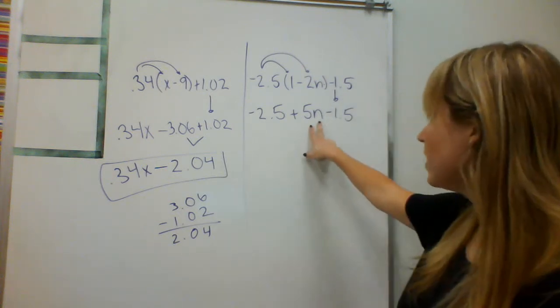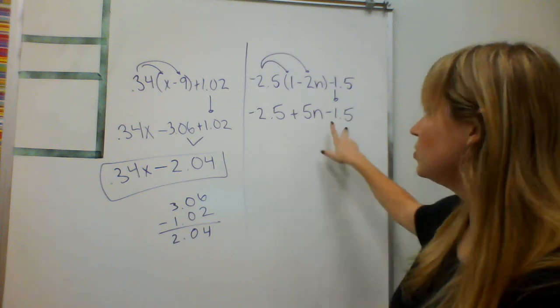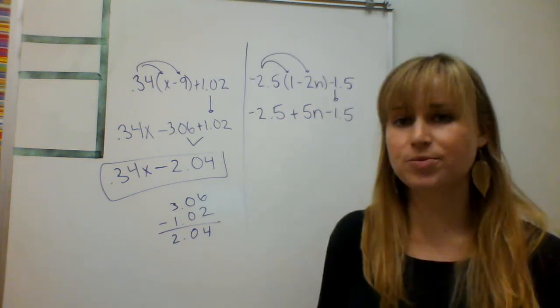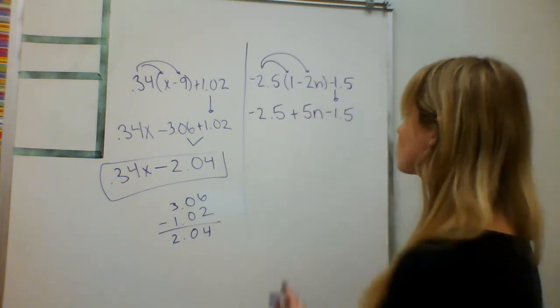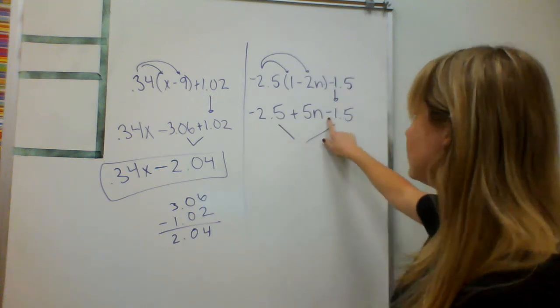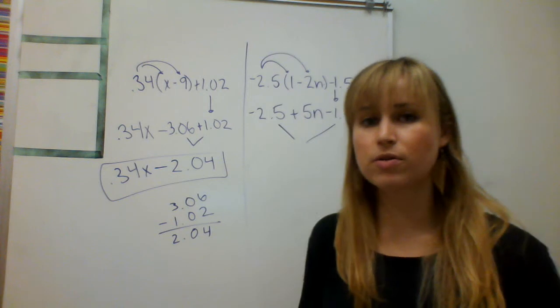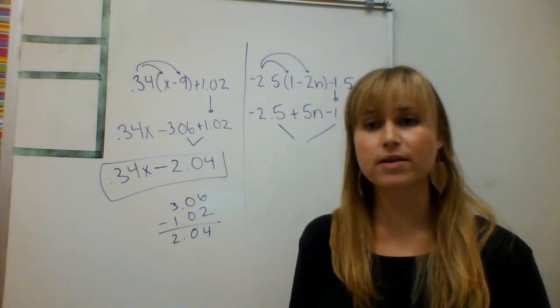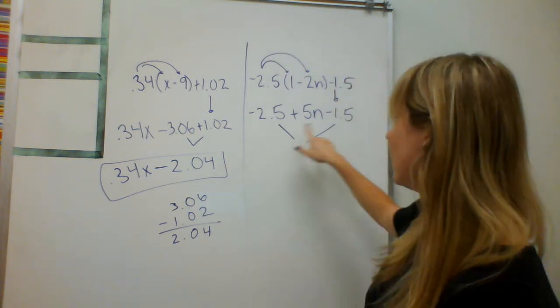Now, just because there's a term with a variable in between two constants doesn't change my steps. I can still combine them. So I can combine negative 2.5 and negative 1.5 because they both are constants, which means they don't have any variables after them. I have the same signs.